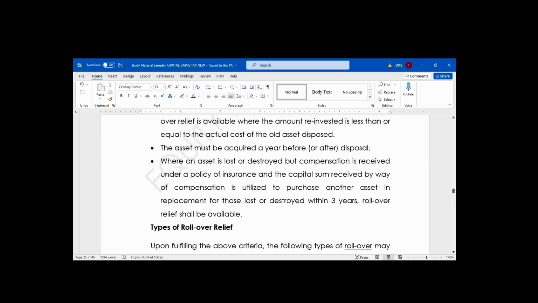You must use that compensation within 3 years. If the compensation you receive is more than the cost of acquisition of the asset, you must use it to purchase another asset within 3 years, so that you can replace the asset lost or destroyed.